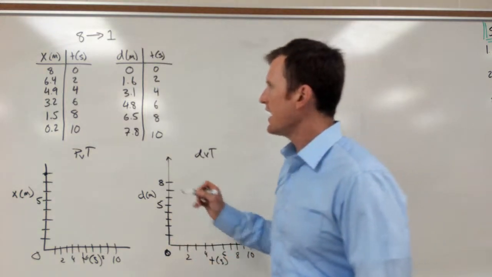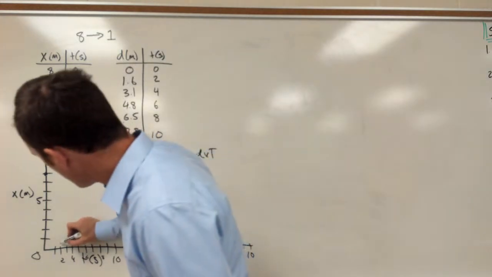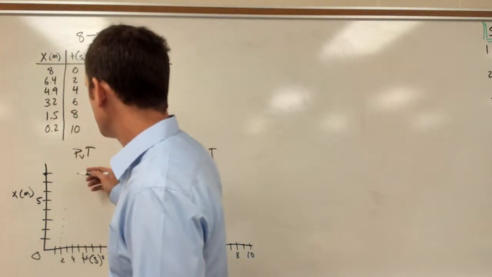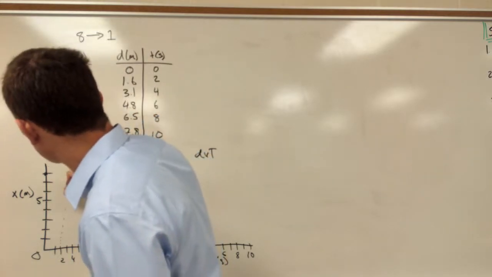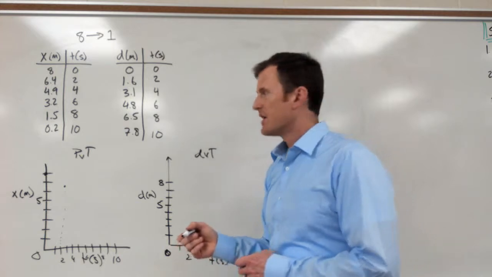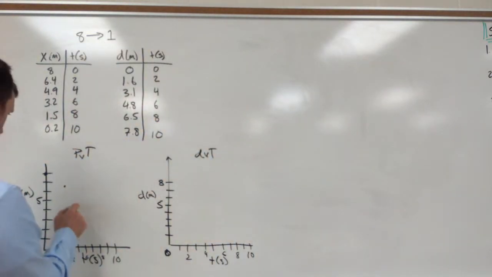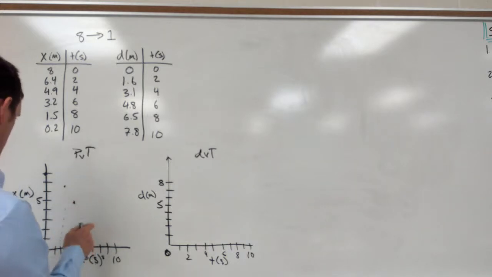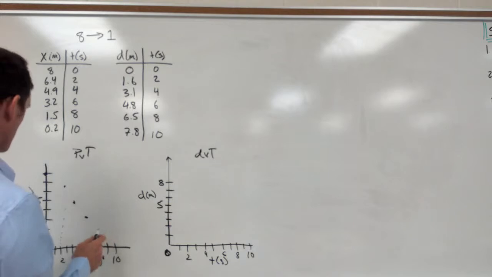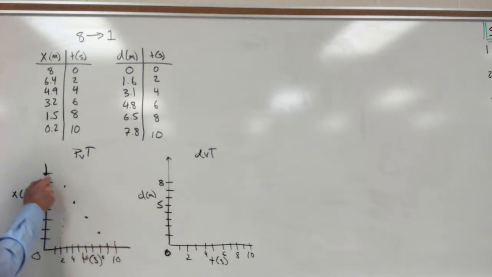All right. Next, we're going to plot 6.4 at 2 seconds. So we have right there 2 seconds and 6.4, so just a little under 6, and so on. Now we're going to do that for the rest of these data points: 4.9, 3.2, 1.5, and 0.8.